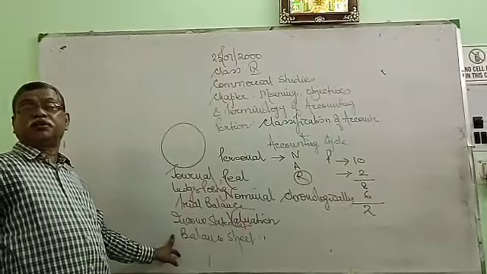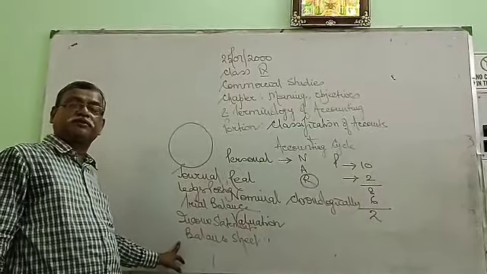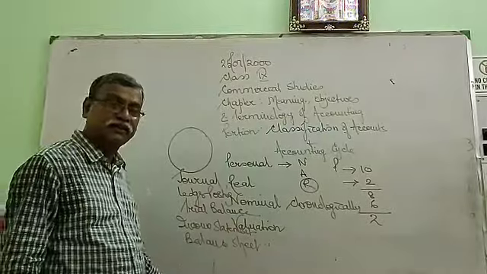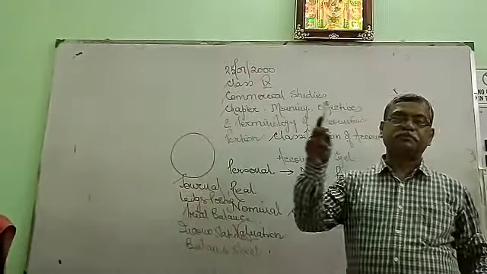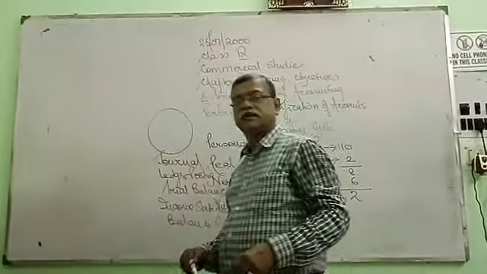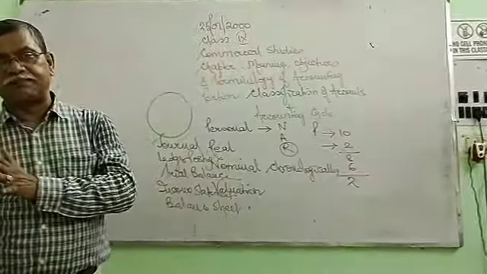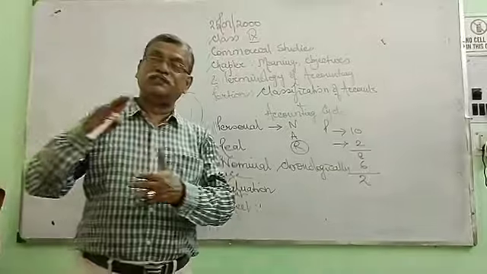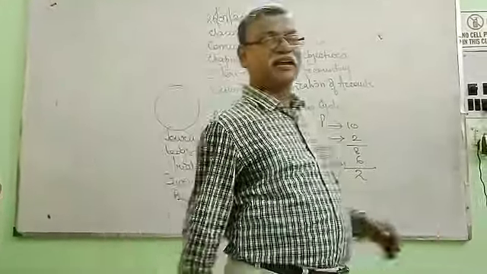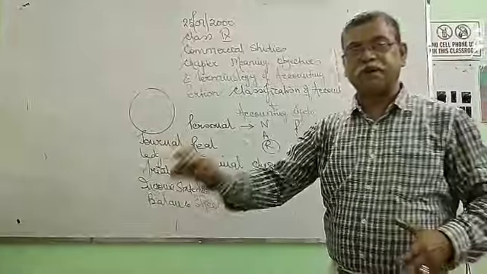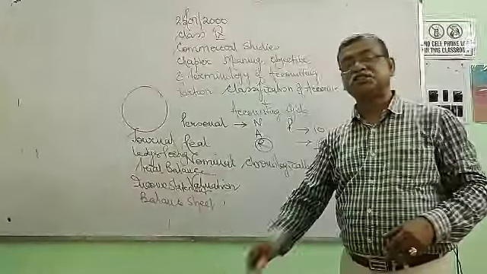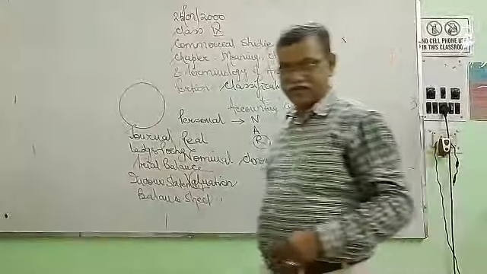The amount of net profit or net loss that I will get will be added or subtracted. Either it will be added to the capital account or it will be deducted from the capital account. Right, children? And with other particulars, the balance sheet also will tally.